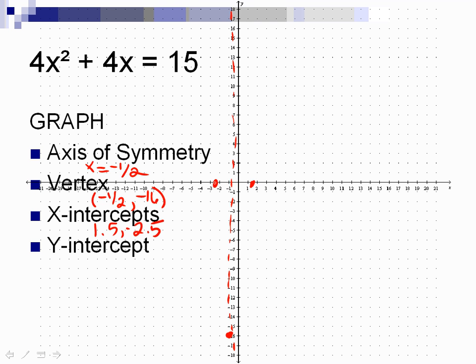And the last thing I need is the y-intercept, which is negative 15, not positive. And when I put the negative 15 on, what's that thing that I can copy it across? Symmetry. So I can reflect it across. And now I have my pretty graph. Connect your dots.